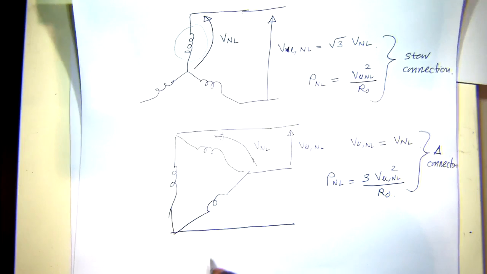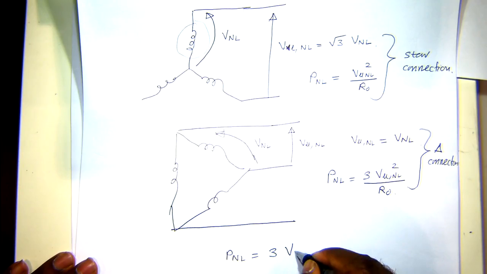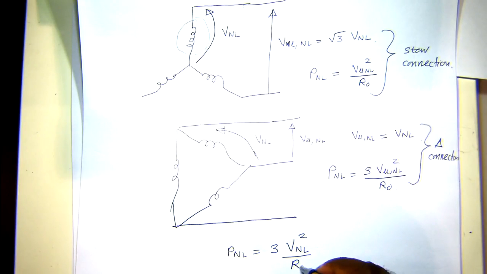In general, I'll write P no load is equal to 3 times the no load voltage, so this is the per phase voltage squared over R naught. This can be the per phase voltage or line-to-line voltage, depending on whether it's star or delta.